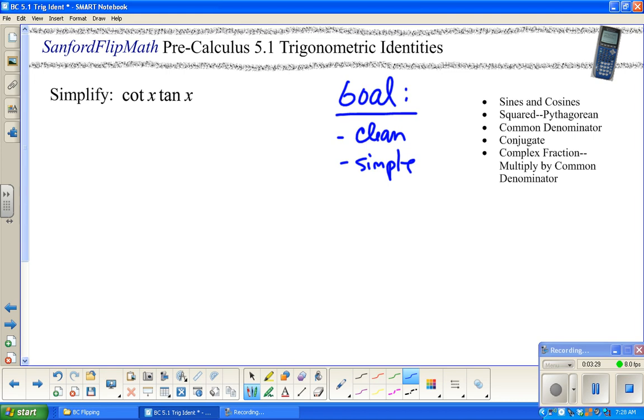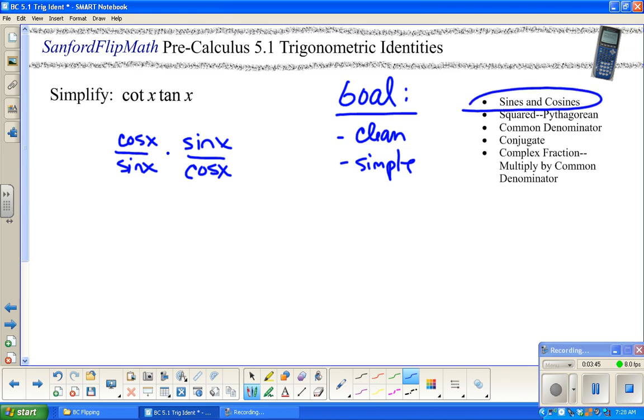So for this one, cotangent is cosine over sine. Tangent is sine over cosine. So what I just did was make everything into sines and cosines. And the nice thing about this is, cosine would divide out, sine would divide out, so all I'm left with is 1.